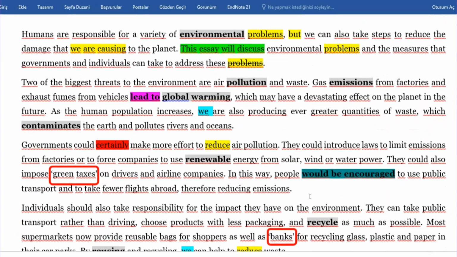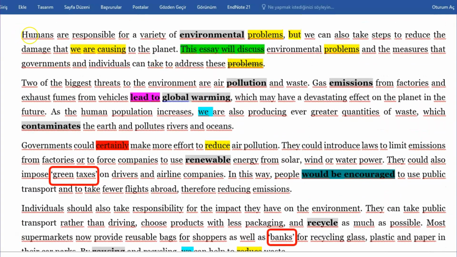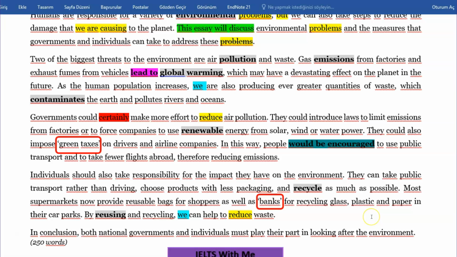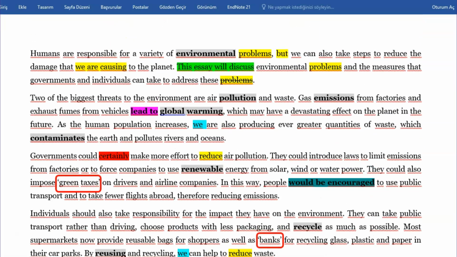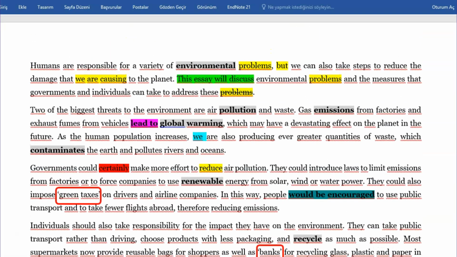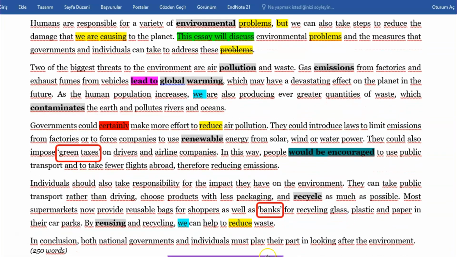Here we are going to analyze a band 7, and we can say a band 7 and above essay and explain it in more detail, right? Okay. Humans are responsible for a variety of environmental problems. Great sentence.